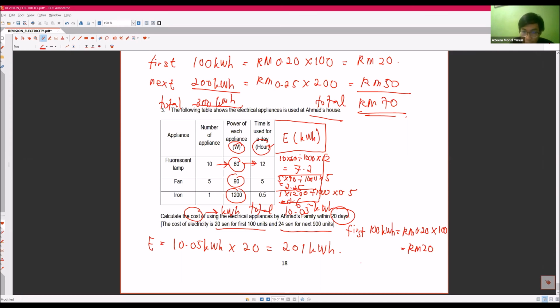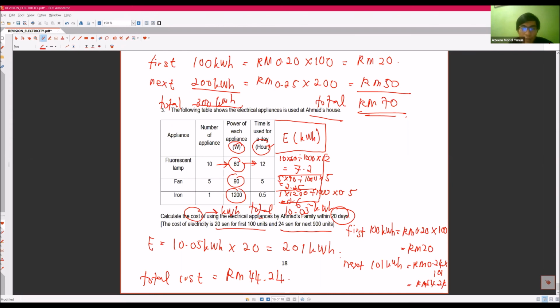And the next 101 kilowatt hour is 24 cents times 101. So we will get 24 times 101, which is 24.24, and the total is 44.20.